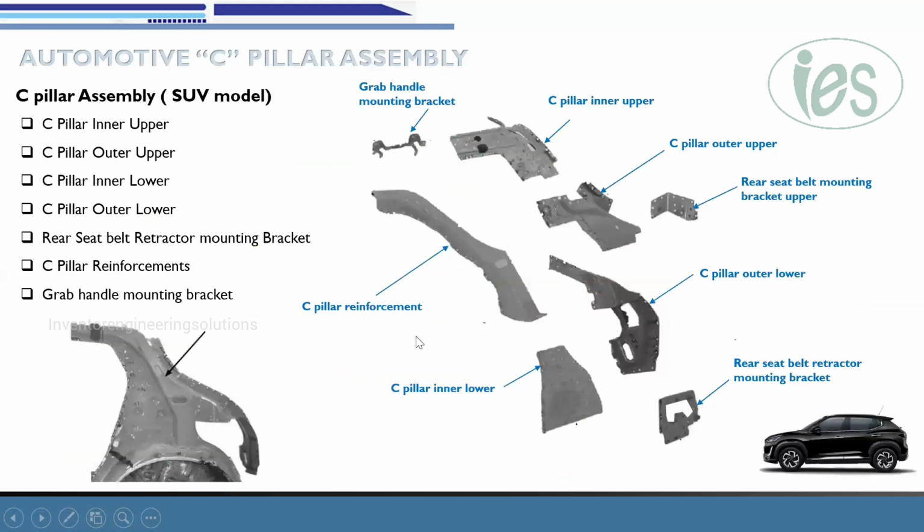So these are the major parts which will come on the C pillar assembly: the C pillar outer upper, the inner upper, and the lower parts, and the main reinforcement. Apart from that, we have the seat belt retractor mounting bracket and some assist grip mounting brackets. In this area, we used to have some grab handle mounting bracket.